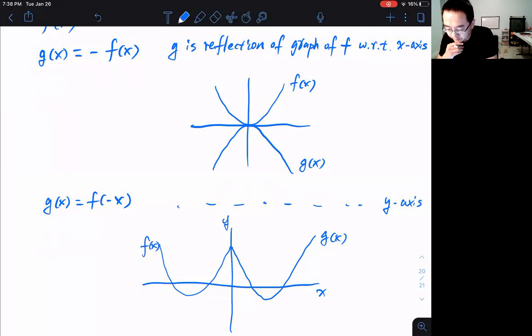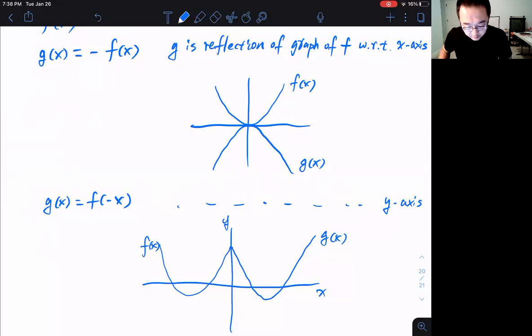So the difference is, when you negate the entire function, you're flipping it around the x-axis. If you're plugging the negative x value into the function f, then you're negating it horizontally, flipping the mirror image.